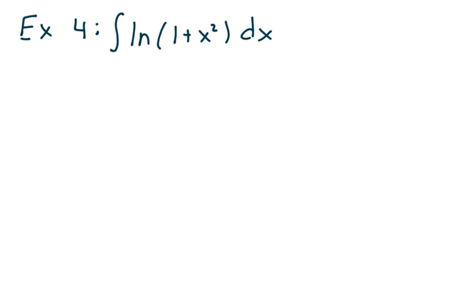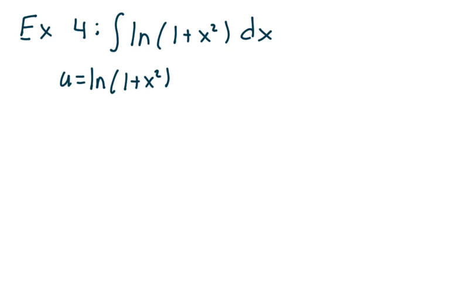See, I really encourage you to try something. You may have to go back to the drawing board, and that's totally okay. And just because I'm doing one technique, that doesn't mean there's not another technique to be tried. And so here, I'm going to let u be natural log of 1 plus x squared.